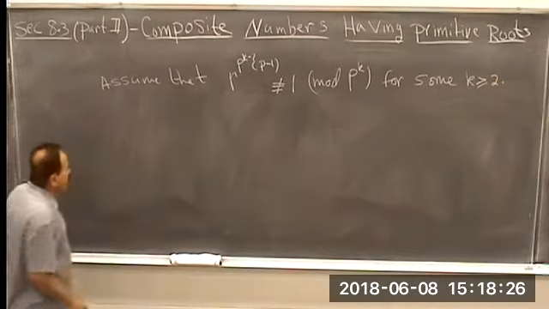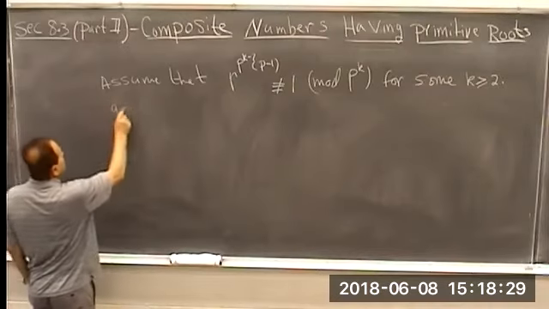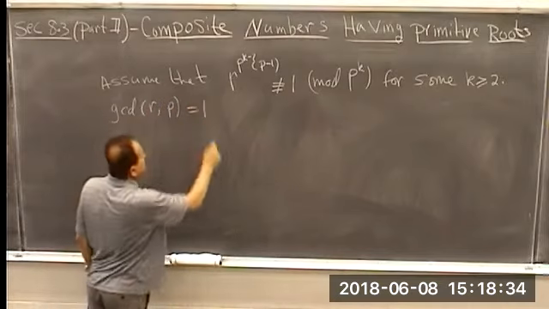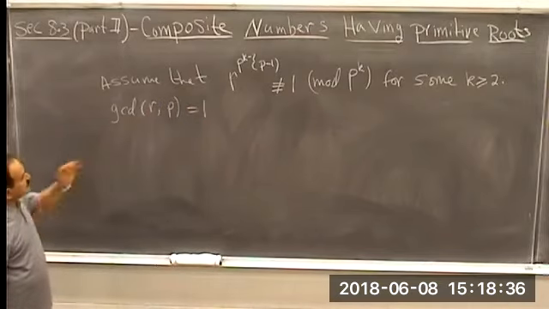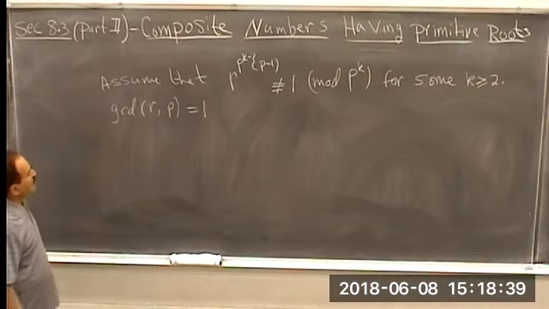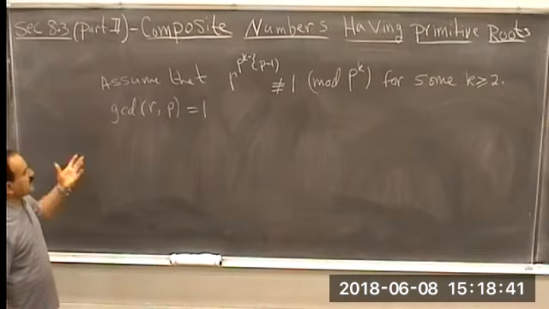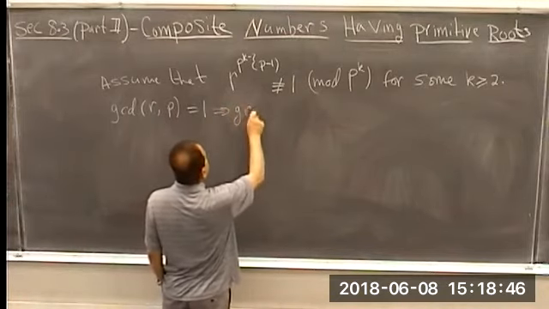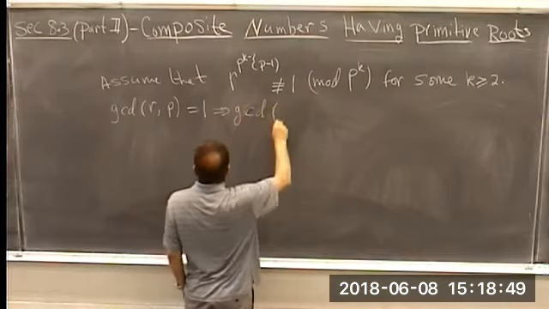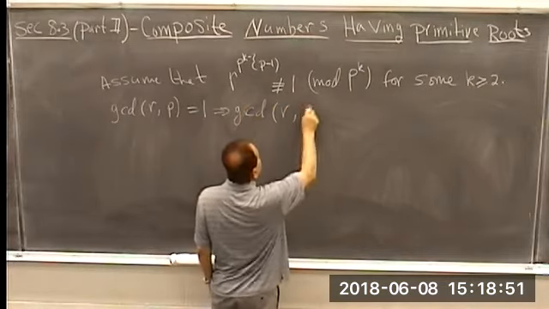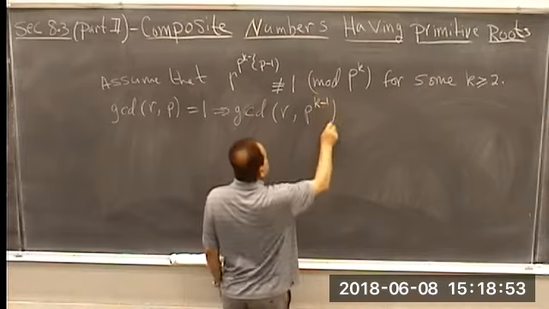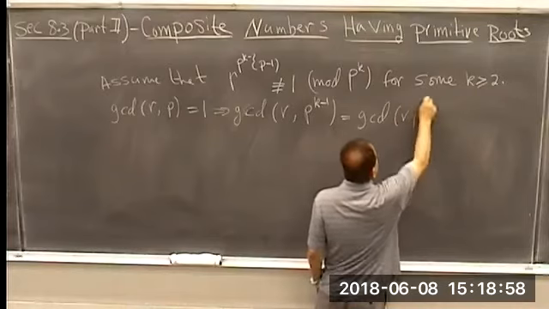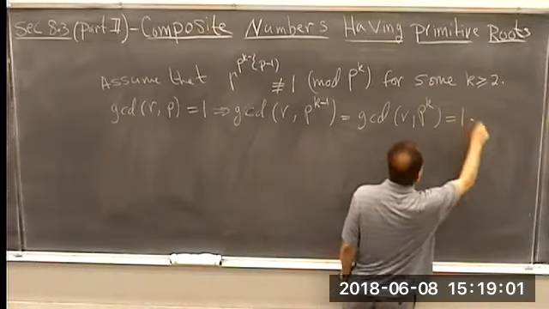Now remember that the greatest common divisor of r and p is equal to 1, and we have shown that I can take any power of either or both, and they will still be relatively prime. So in particular, r and p to the k minus 1 are relatively prime, and so are r and p to the k.